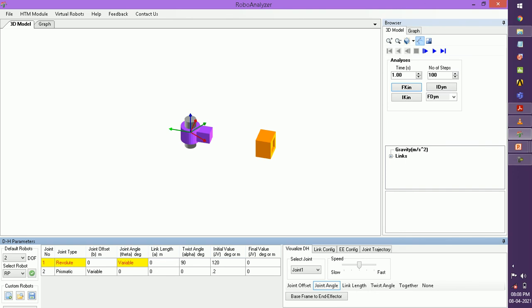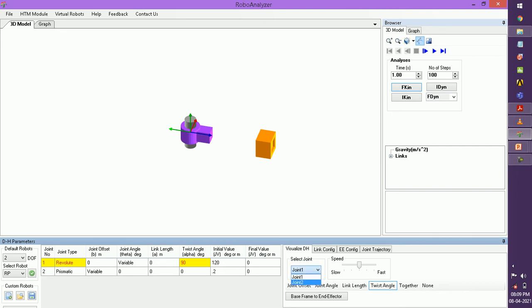With respect to variable, we filled a value of 120 degrees. So this is the initial rotation of theta 1 which we need to do. After putting link length as 0, there is no movement. When you fill the value of twist angle, we take a rotation of 90 degrees about the x axis, so that the previous frame's z axis is parallel to the next frame's z axis.